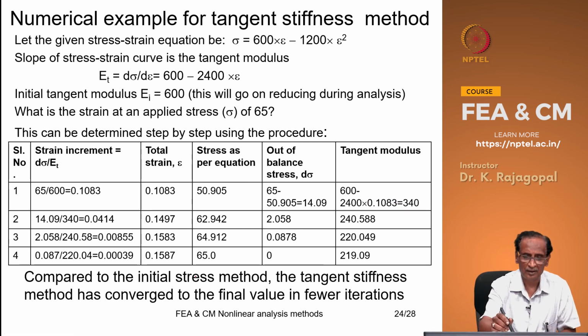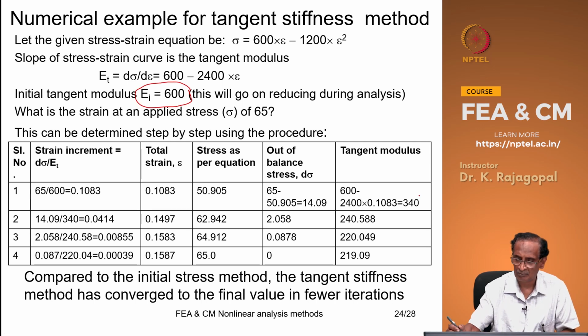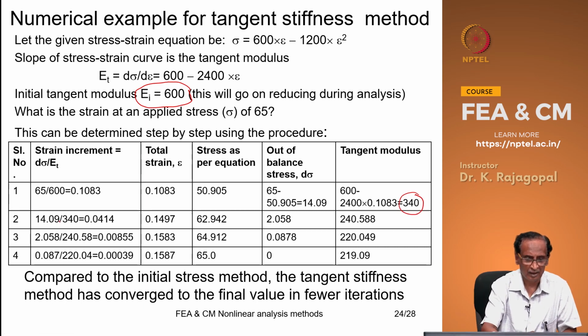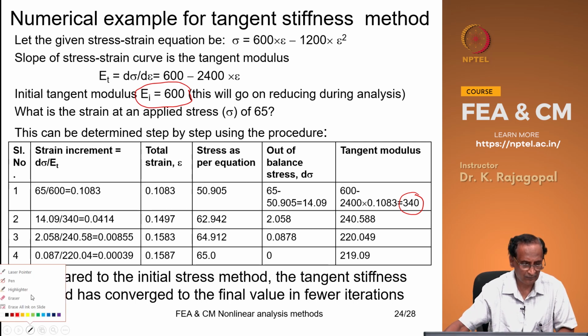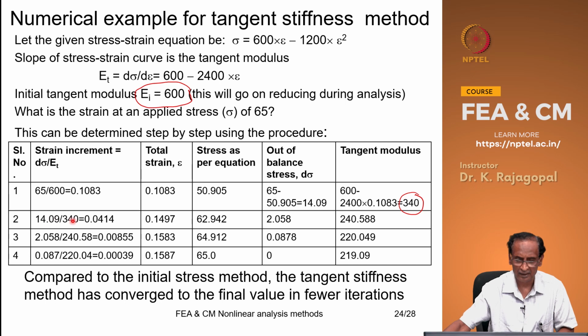We started with an initial modulus of 600, and at the end of the first iteration it has come down to 340. Now we calculate the strain increment in terms of this updated tangent modulus. 14 is the out of balance stress divided by 340.